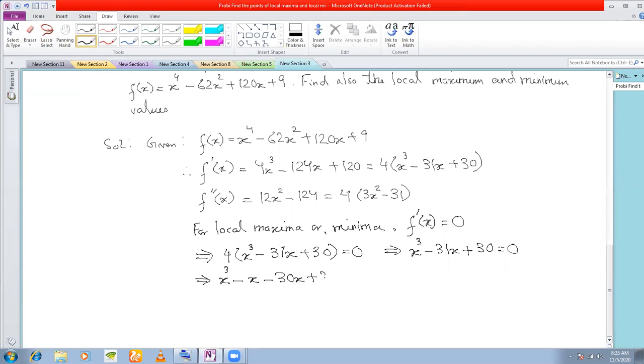In this case you can take x common from here, you will be left with x square minus 1, and here you can take 30 common and you will be left with x minus 1 equal to 0. And now you break this x square minus 1 as x plus 1 into x minus 1.